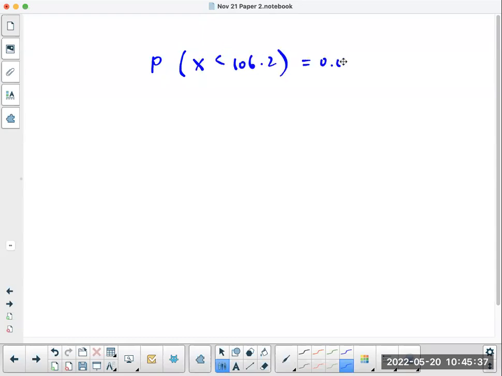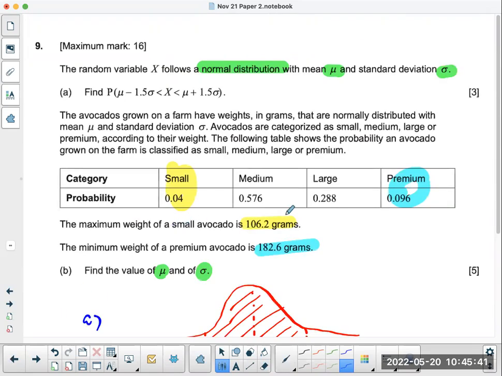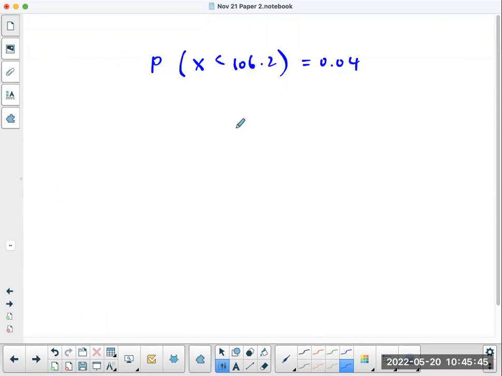It's equal to 0.04. The probability of X greater than 182.6 is 0.096.